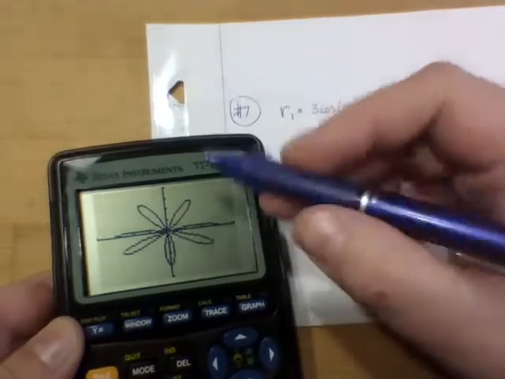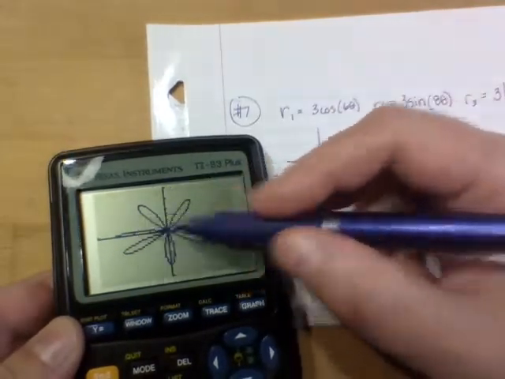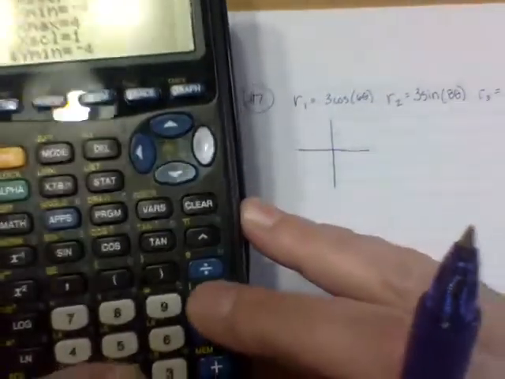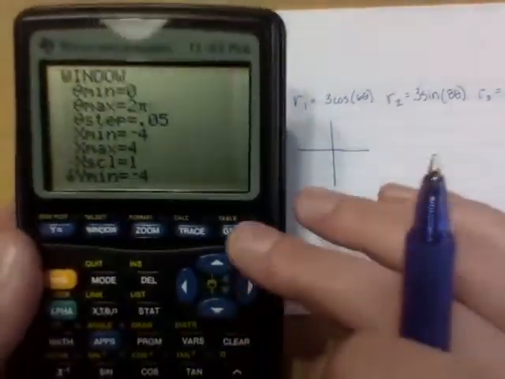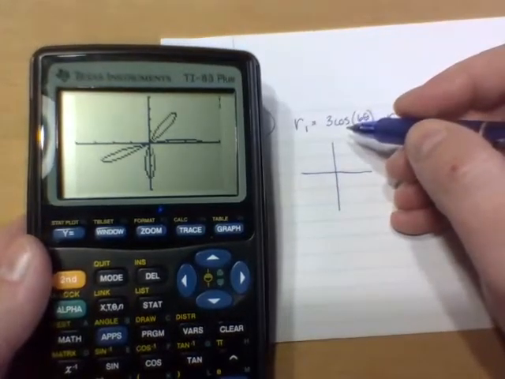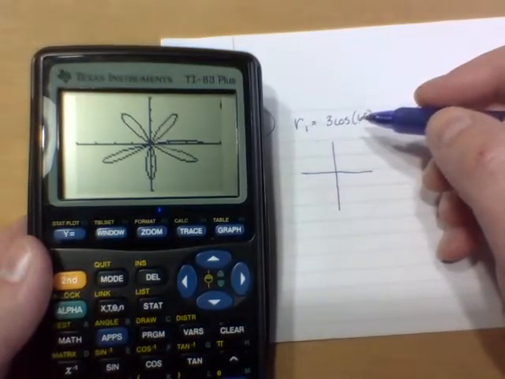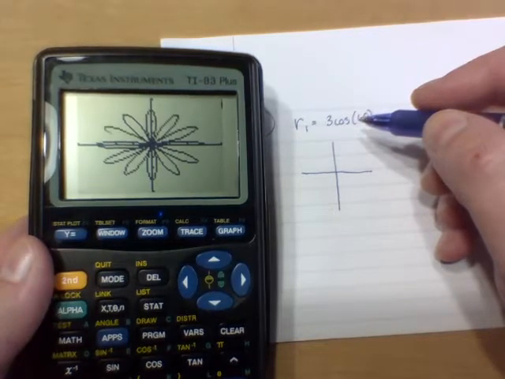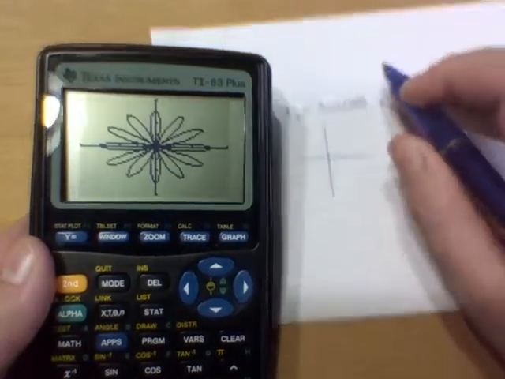Yeah, it didn't. I don't think it finished. So we'll change our window to 2 pi. Ooh, that's a lot of petals.